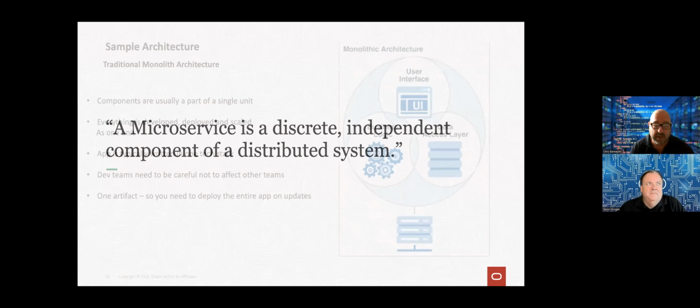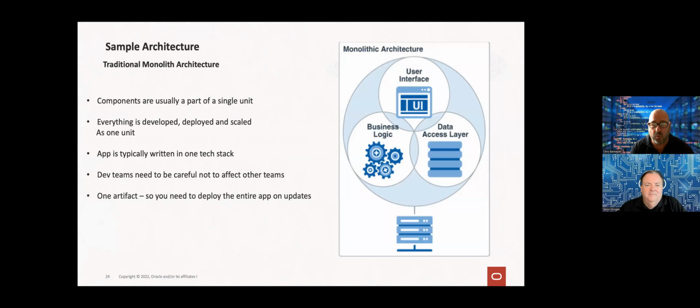Yeah, makes sense. And what we started with, basically, from a monolith architecture, for those who don't know exactly what a microservice is, we started with a monolith, which is basically one large machine that would scale vertically, and our entire application stack would run inside that one server. So the components are usually part of a single unit. Everything is developed and scaled as one unit.